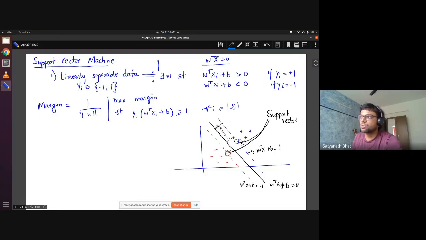This distance is equal to this distance, and we computed yesterday that the margin is 1 over norm W. So maximizing the margin is equivalent to minimizing the reciprocal of this, and minimizing the reciprocal is the same as minimizing half W transpose W, subject to the constraint that yi times W transpose xi plus b is greater than or equal to 1 for all i in the input training data.